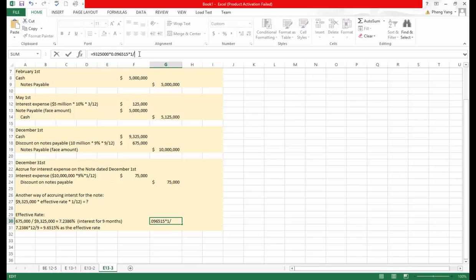Oh, everything's just going wrong. Bear with me. I'm sorry. Okay, there we go. So checking our math, we've got then the 9.325 million times the effective rate of 9.6515% for 1 month is 75,000, which is the same as taking 10 million times 9% over 12 for 1 month equals 75,000.